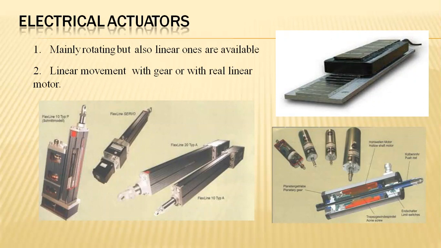In the case of these electrical actuators, most probably they exist in the rotating form, in the maximum 80 to 90% of the range. The electrical actuators, nothing but the motors, will exist in the case of these rotating factors, and in some cases will have a conformity of this sliding range.